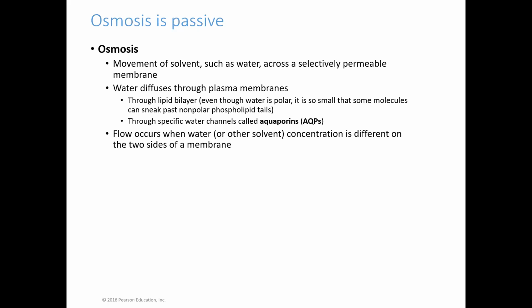Now, we have the cell membrane separating the contents of the beaker from the contents of the cell. The inside of the cell at 99% water has more water than outside the cell, where it's only 90% water. So water will leave that cell.